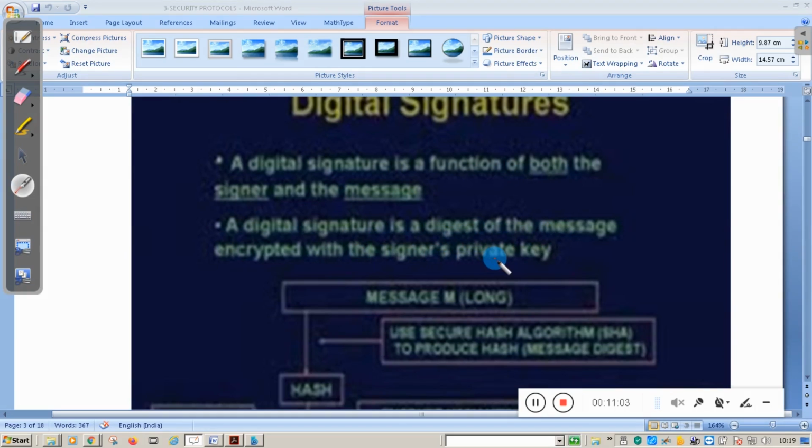When I was explaining public key encryption techniques and their applications, I explained what authentication is. In authentication, the sender sends the message by encrypting it with his private key, and the receiver decrypts it with the sender's public key, because the receiver has the sender's public key.